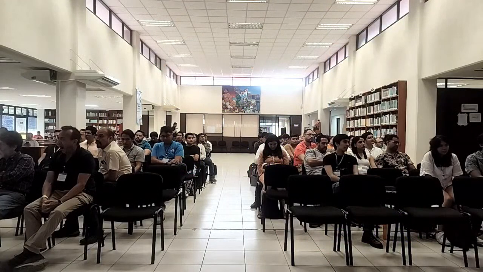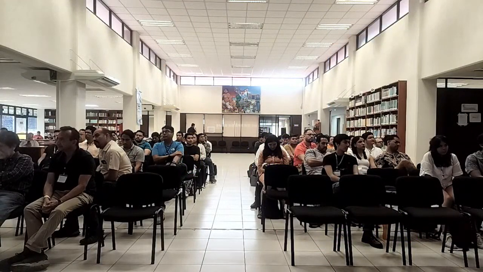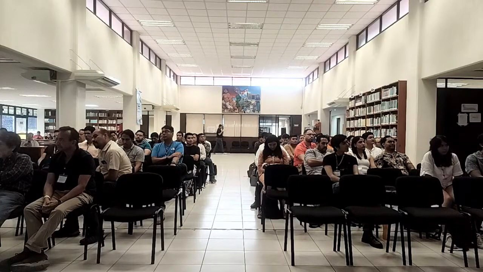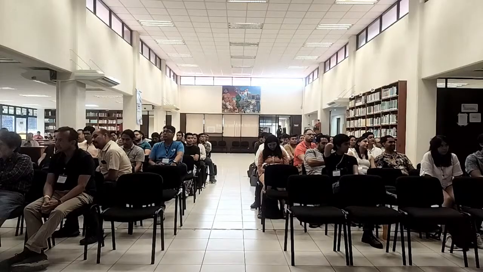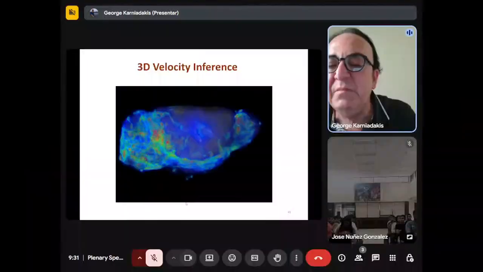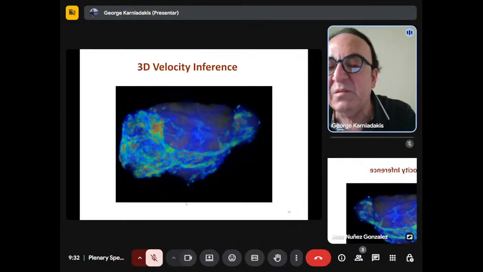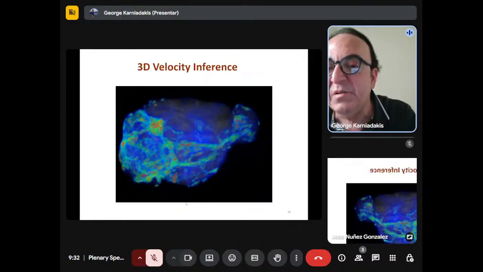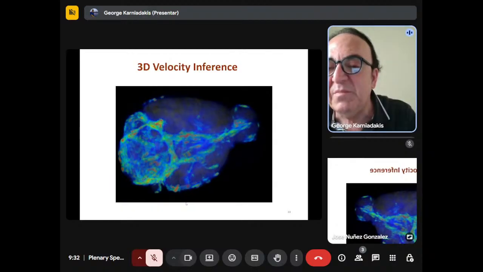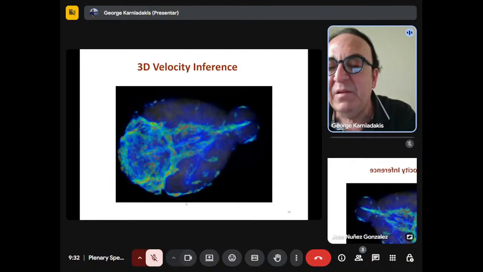And indeed, we did that. Here you can see, I don't know if you can see a movie, a 3D reconstruction of the velocity field. Red here means high velocity, about 10 microns per second, blue means 0, and yellow is something like 3 to 5 microns per second.